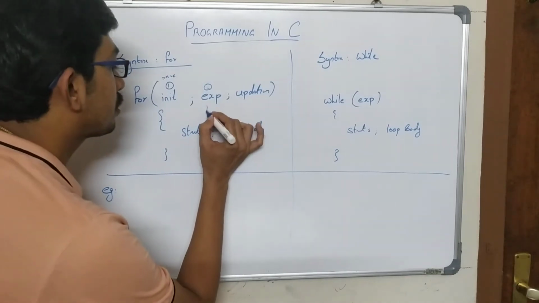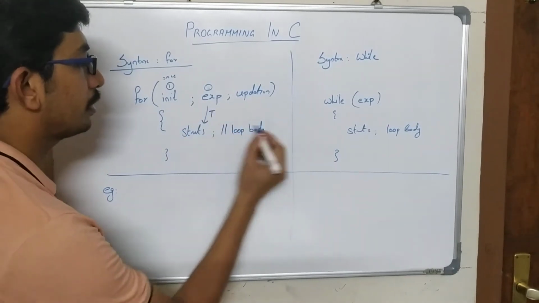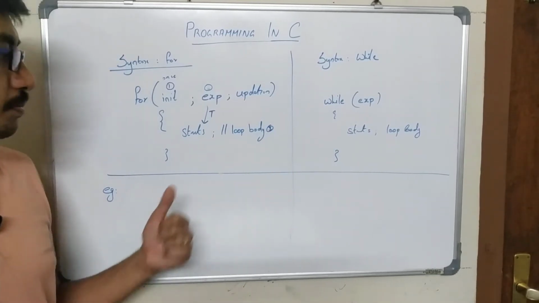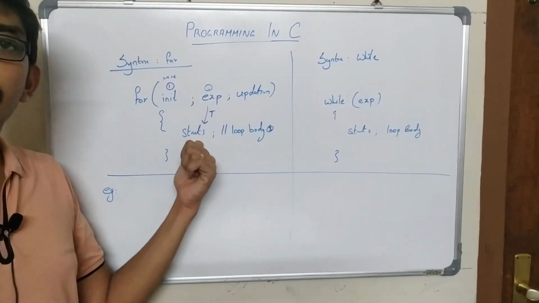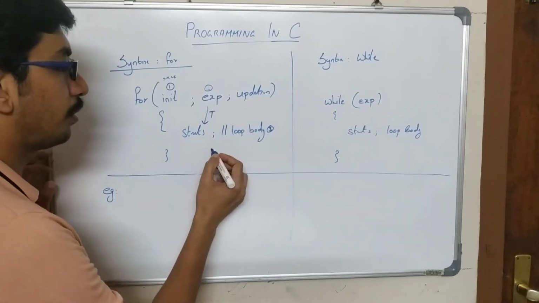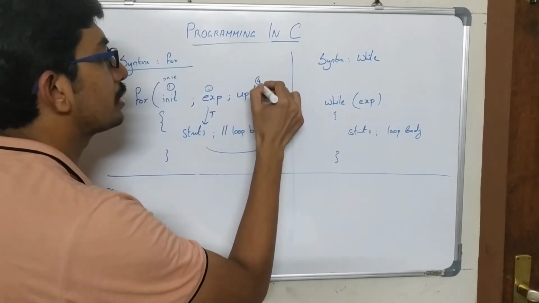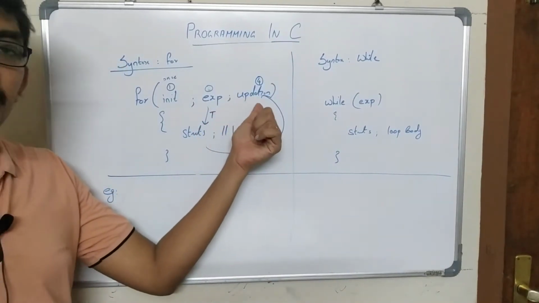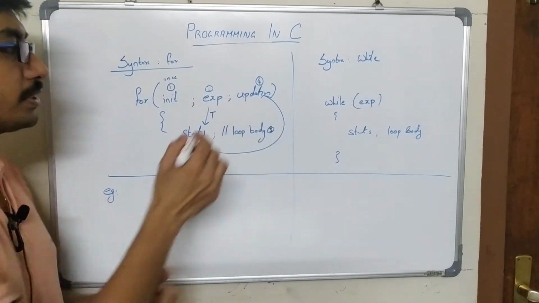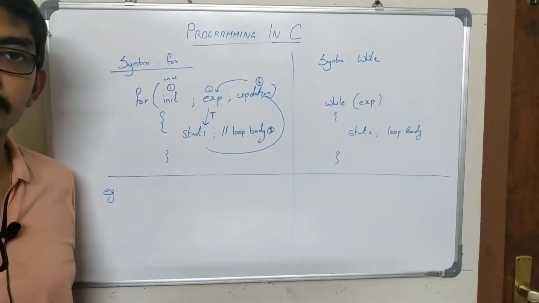Suppose it is true, it will come into the looping body, which means the statements will get executed. Once it reaches the end of the loop body, the control will go back to the updation part. So there will be some updation, and after the updation it will again go and check the expression.